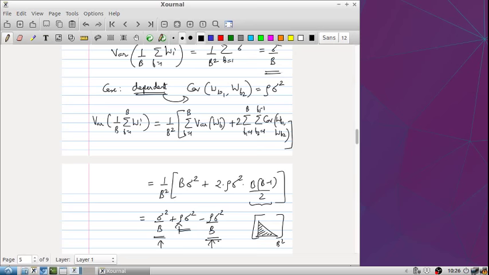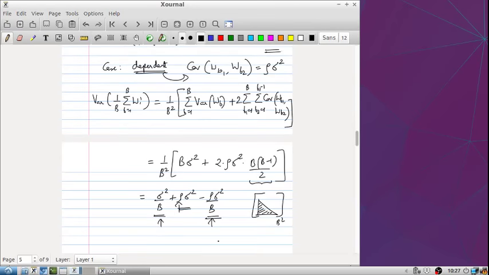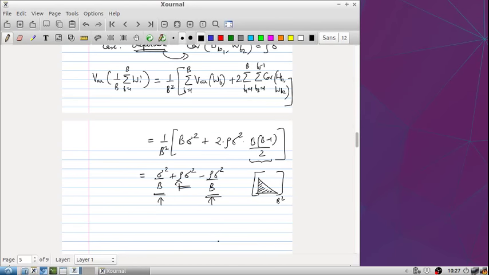But this intuition carries over to bagging. In bagging also, if the trees are correlated, in the sense that predictions are correlated, then you will not have variance decrease. That is the main issue with bagging, and that's what random forest is trying to address.